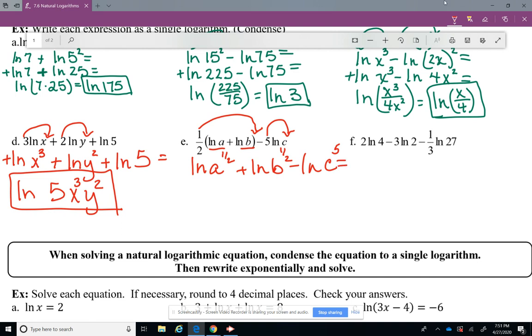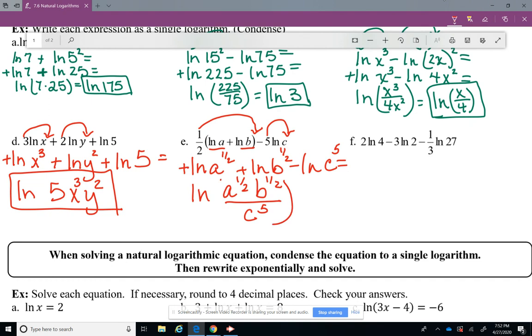All right, now, you know that this first one's a plus and the second one's a plus, so they're going to be in the numerator, and this last one over here is a minus, so it's going to be in the denominator. So the natural log of a to the 1/2 times b to the 1/2 over c to the 5th.